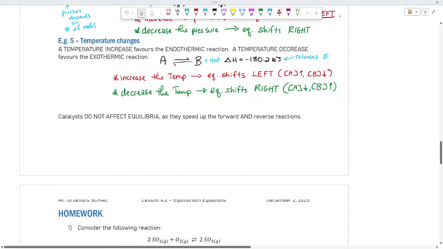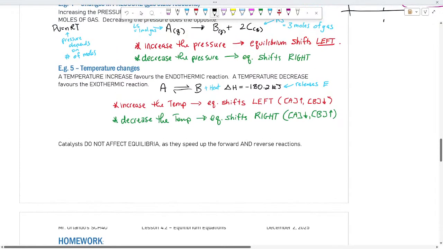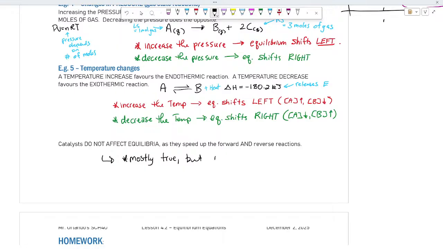A note on catalysts: as a rule, and I should note that this is mostly true but not always true, generally speaking, catalysts speed up the rate at which a reaction starts. It will speed up initial rates, but typically they don't cause shifts in where the equilibrium lands. They will let you get to equilibrium quicker, but they don't actually change the equilibrium point.